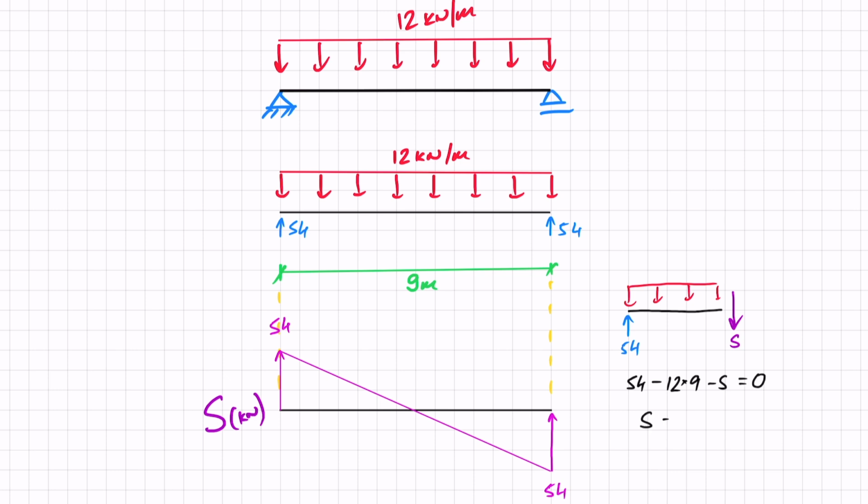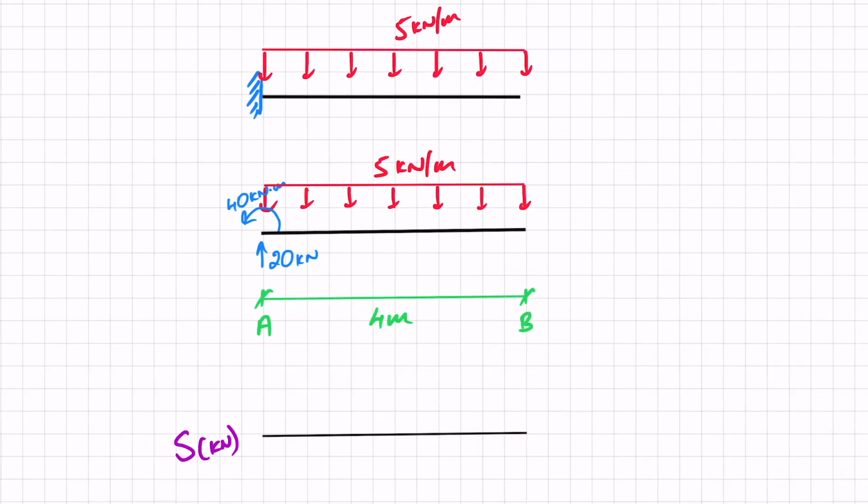So S, the shear, is going to equal 54 minus 12 times 9, and that is minus 54 kilonewtons, which would give me this value here. So either way, if you do a quick calculation, or if you just have a look at this beam, you'll figure out that it is a linear line going from positive 54 to a negative 54.